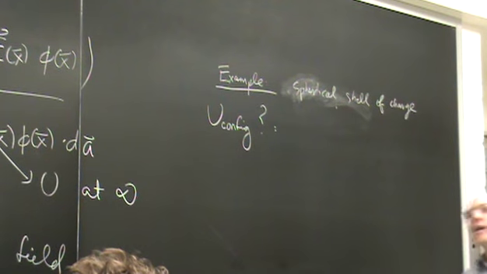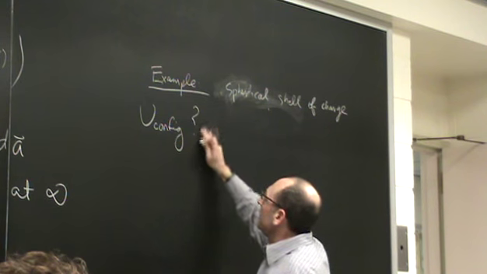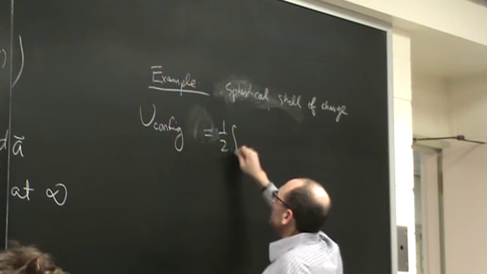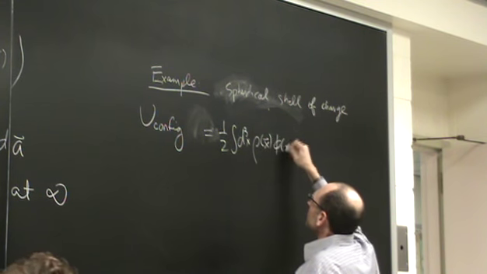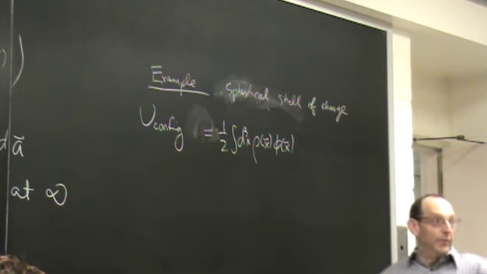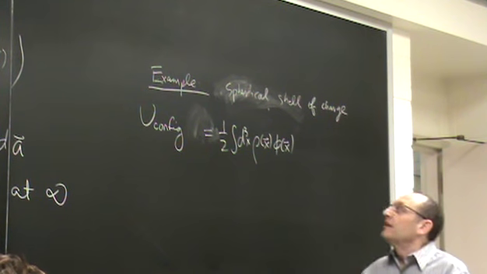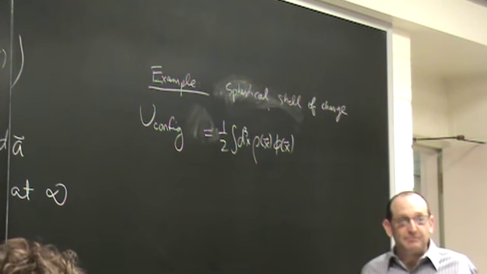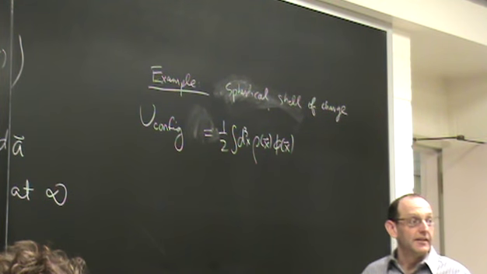Well, we have two different choices. One way we can calculate it is based on that expression. We know the charge distribution everywhere, and we calculated over there the potential everywhere. Now, in this case, the charge density is 0 everywhere except on the surface, right?